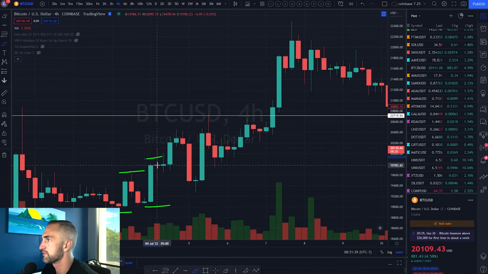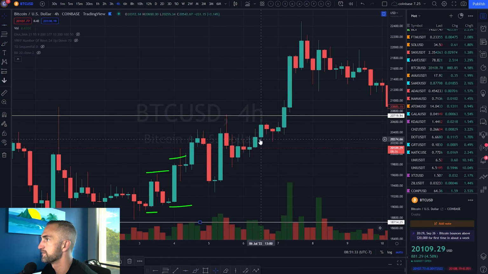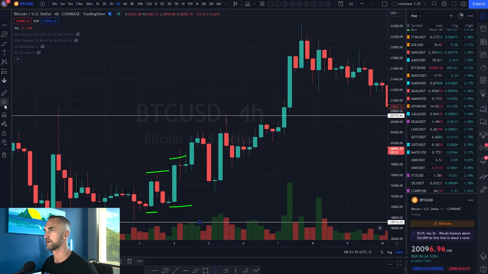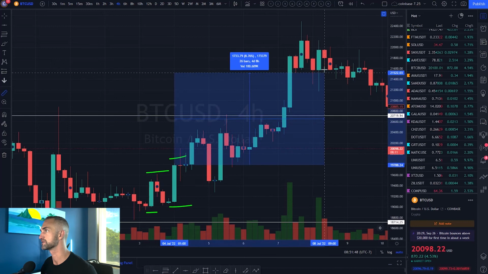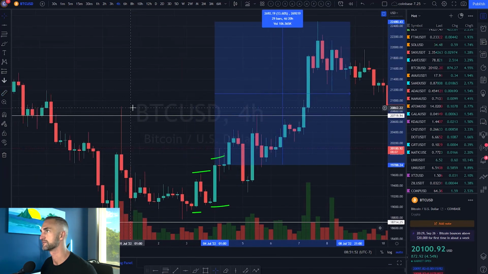You would have entered in right here, with risk management below the prior wick right there. And depending upon your take profit measure, you would have been in this trade, hopefully to somewhere in this zone right here. We'll go over trading strategies in another video, but just for simplicity's sake, we're talking about an 11% gainer on the 4-hour time frame.